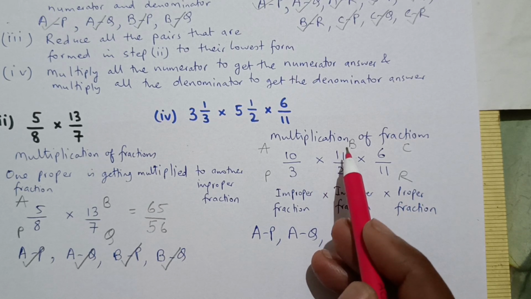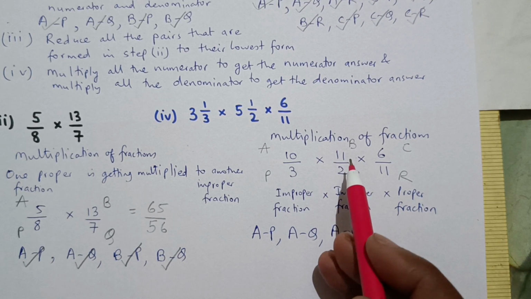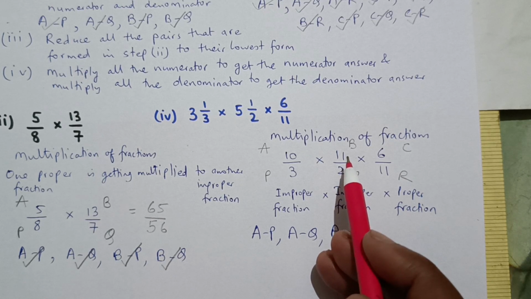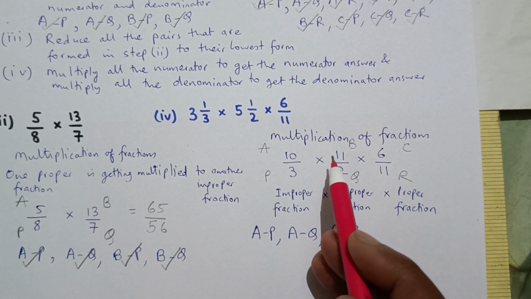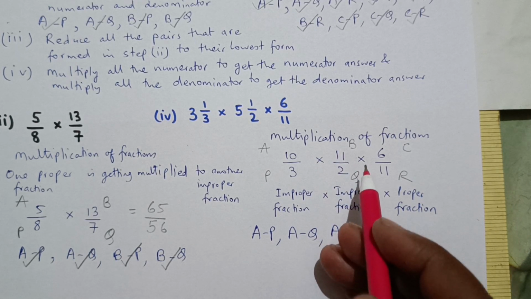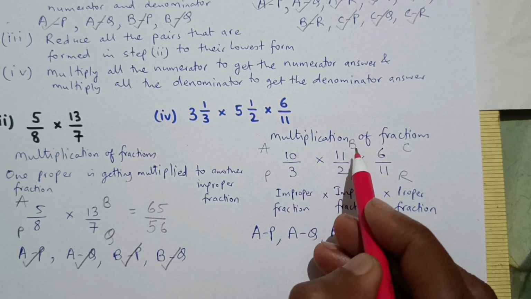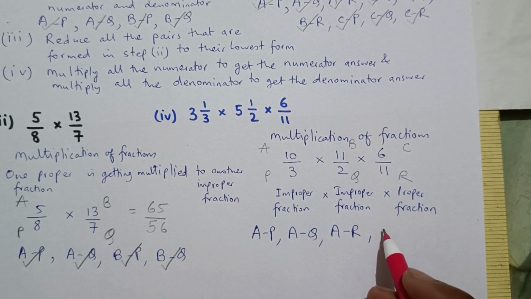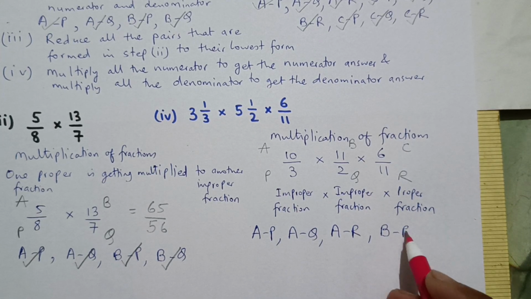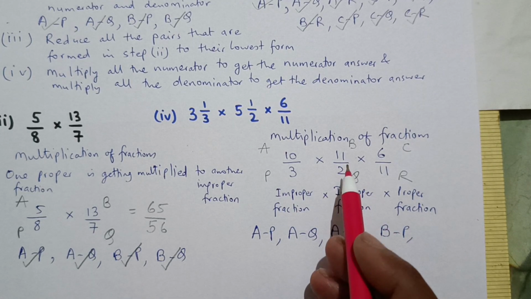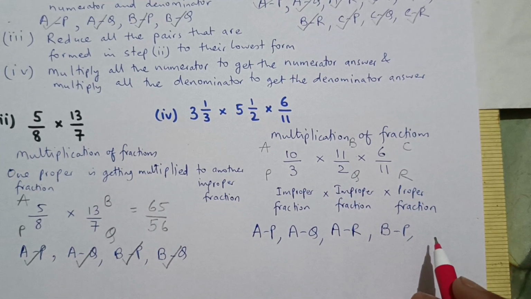Now let us take the numerator 11 and form all possible numerator denominator pairs with this numerator 11. One is 11 by 3, so BP. Another is 11 by 2, so BQ.